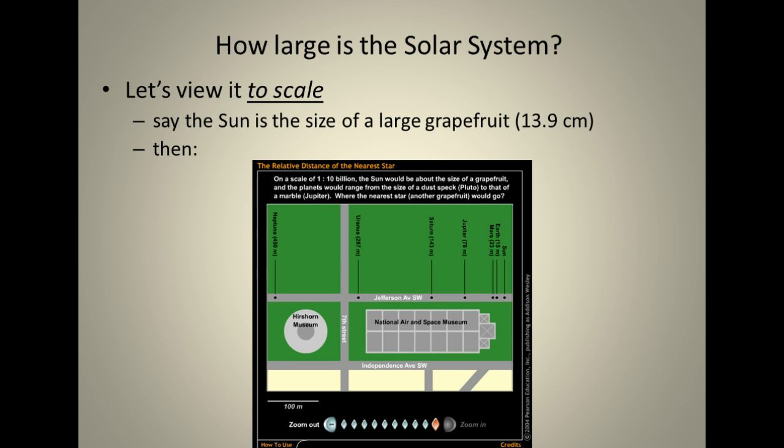While in my mind, the outer planets might be the size of the head of a pin compared to Jupiter. Is that close to what you put? Remember, Jupiter is a huge planet. So head of a pin, a button, somewhere in that kind of range would give you a scale of how big those are relative to the sun.